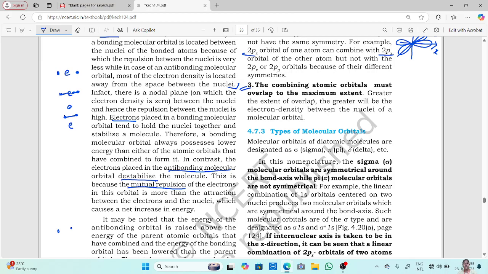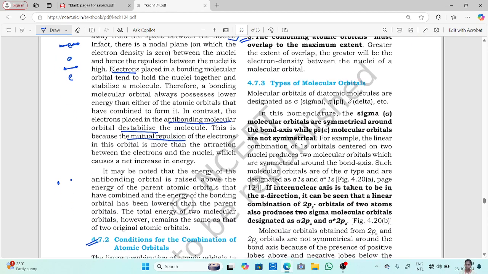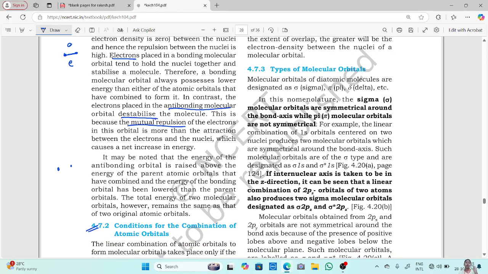So the greater extent of overlapping, the greater will be the electron density and stronger will be the bond, okay, or molecular orbital. Now, if all these conditions are satisfied, then only the LCAO combination of atomic orbitals is taking place, or if it follows these three conditions, then only the molecular orbital will form using the LCAO concept.